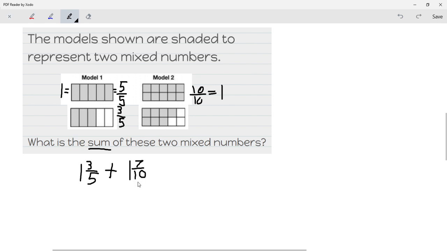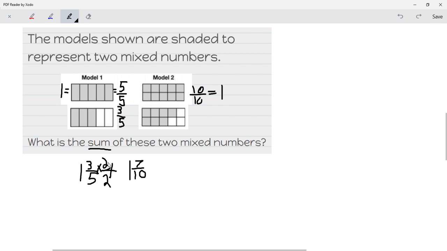Now to add these together, we need to find a common denominator. Now I know that 5 can multiply and I can get 10. So that is the least common denominator. So I'm going to have to multiply both top and bottom by 2 so that it will give me an equivalent fraction, because 2 over 2 equals 1.